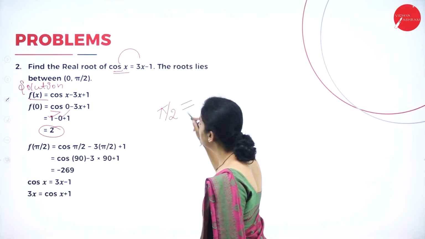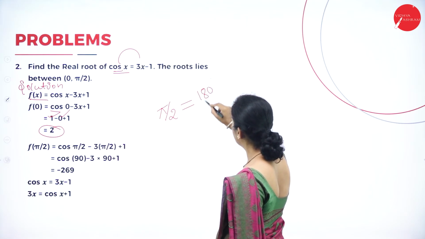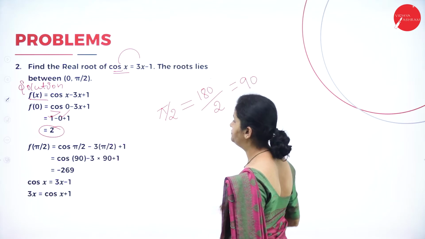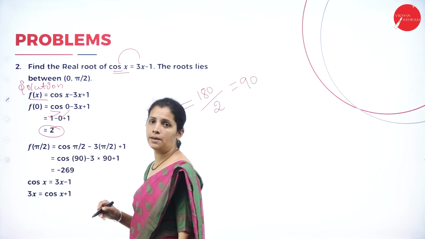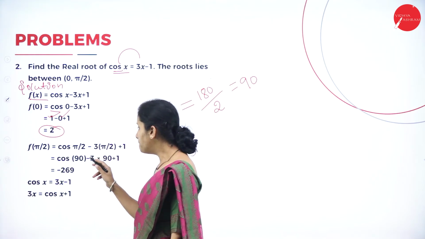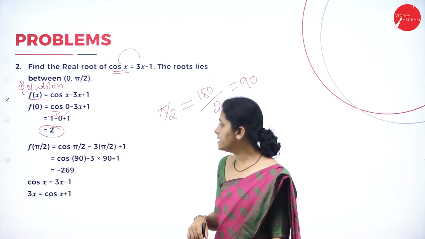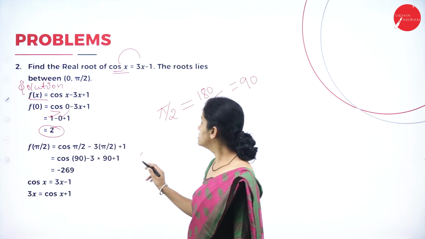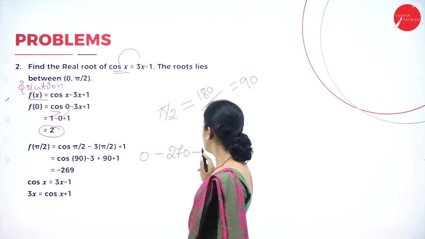Now, I have pi by 2. So, what is pi here? That is nothing but 180 degrees divided by 2. It's nothing but 90. So, dear student, cos 90 is nothing but 0, minus 3 into 90. So 3 into 90 is 270, so it is 0 minus 270 and plus 1.